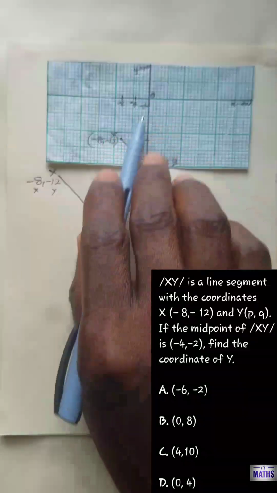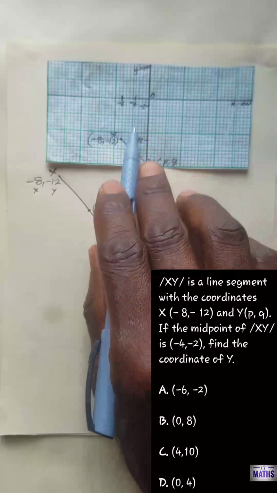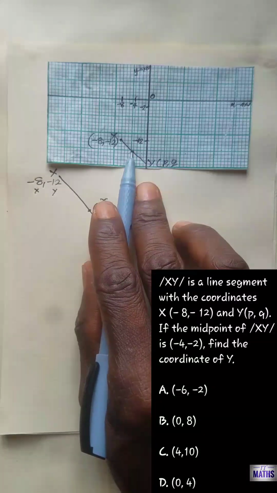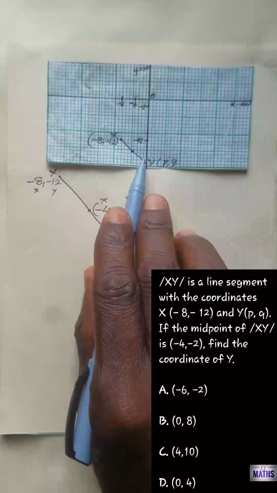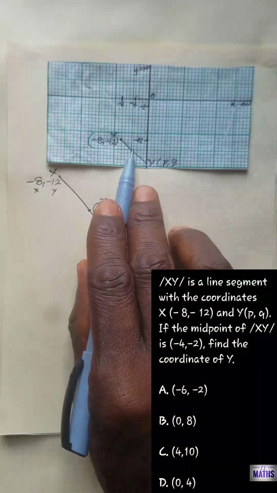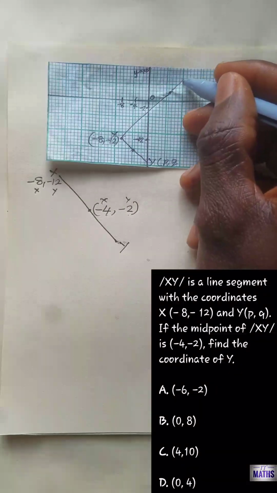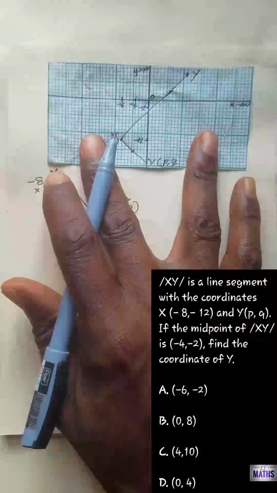But look at this: this is -4, this x and this y again. -4 is right to be -4, but this guy is -2, and this is higher than -12. So it means our graph is actually going upward, not downward. So Y is somewhere here. Anyway, it doesn't really matter, but I want you to have a picture.